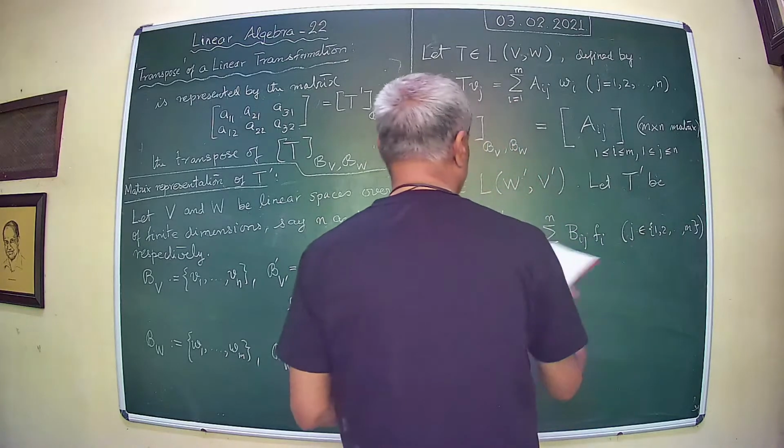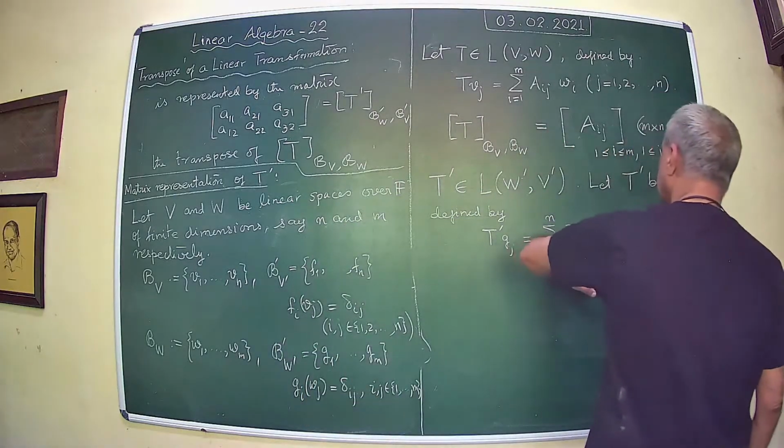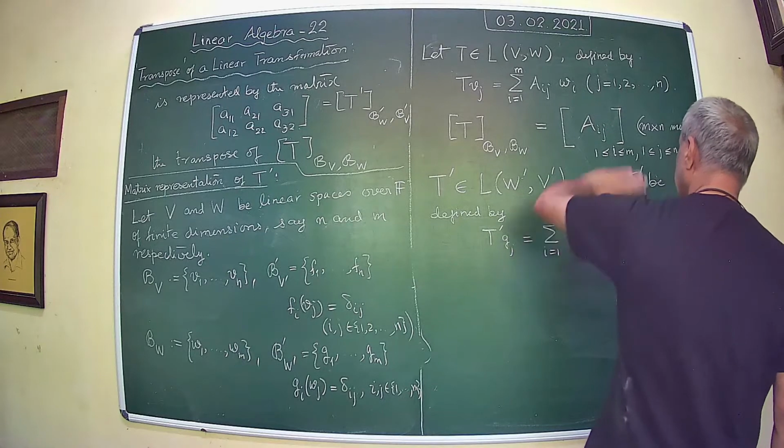This is an efficient application. Now, what we want to find out is what is the relation between the bij's and aij's.